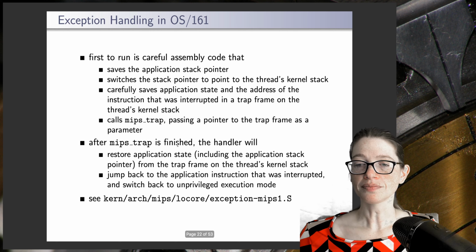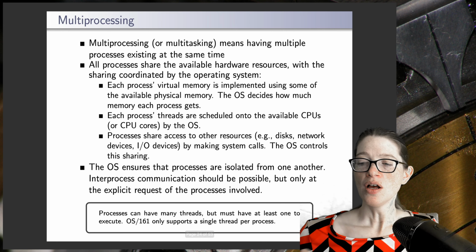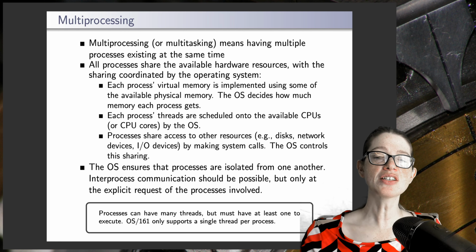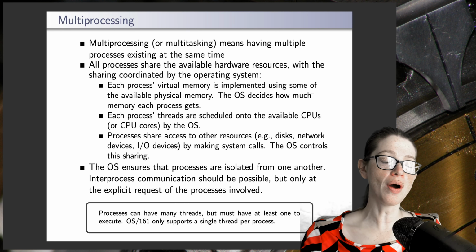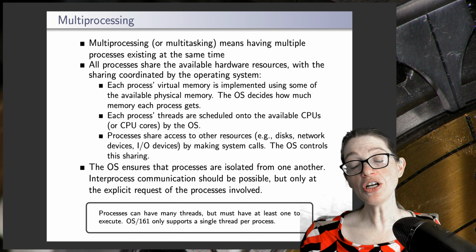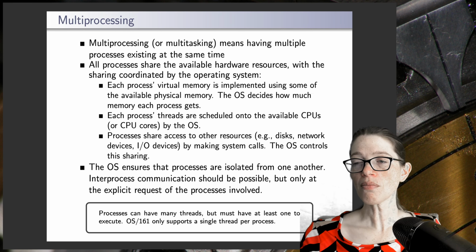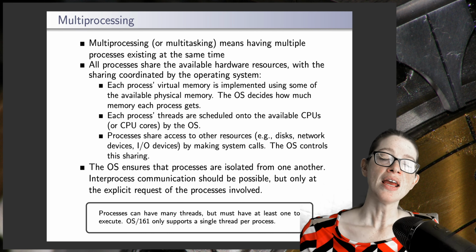All right. So you've seen all of the code there. One last thing to talk about before we do some examples here is this concept of multiprocessing. So as you already know, each process can have multiple threads, but your computer can actually run multiple processes. And each of those processes is going to share all of the available resources.